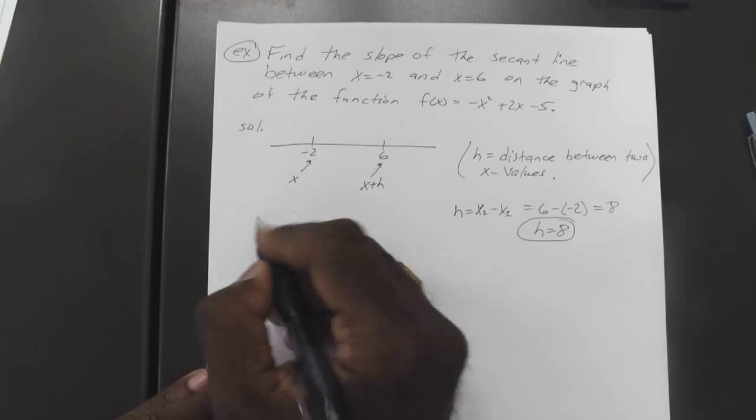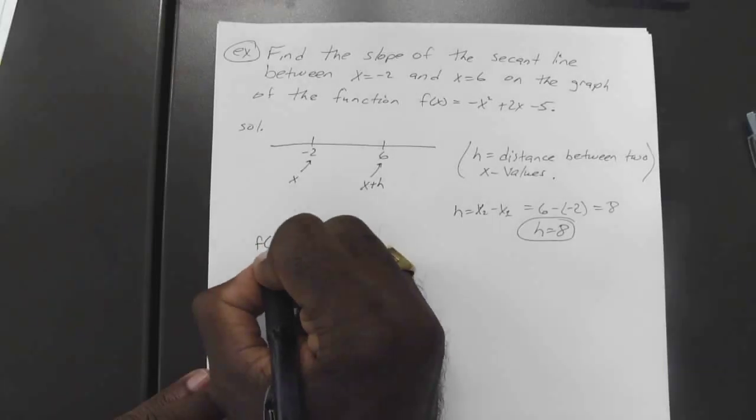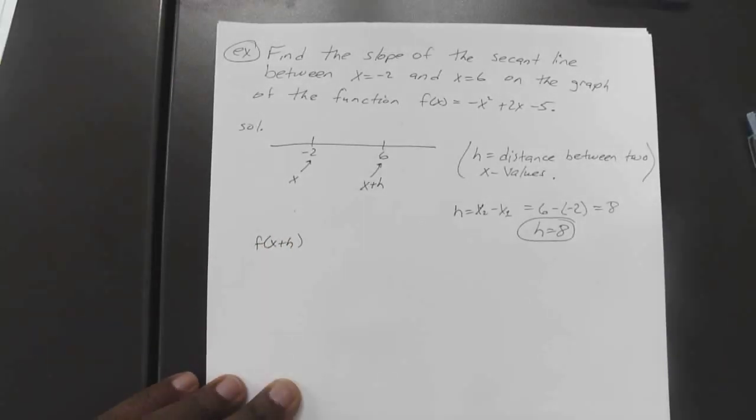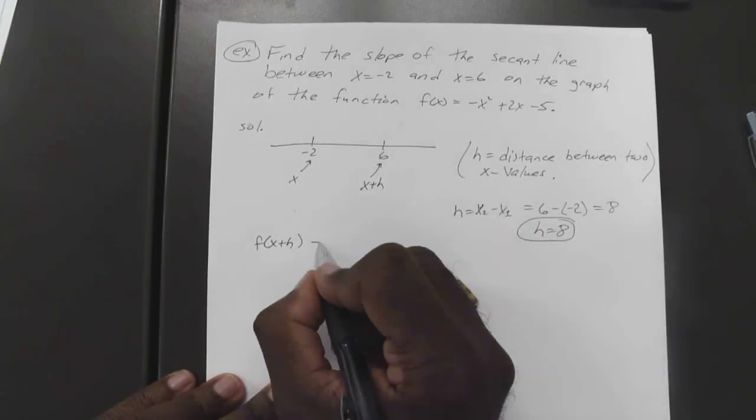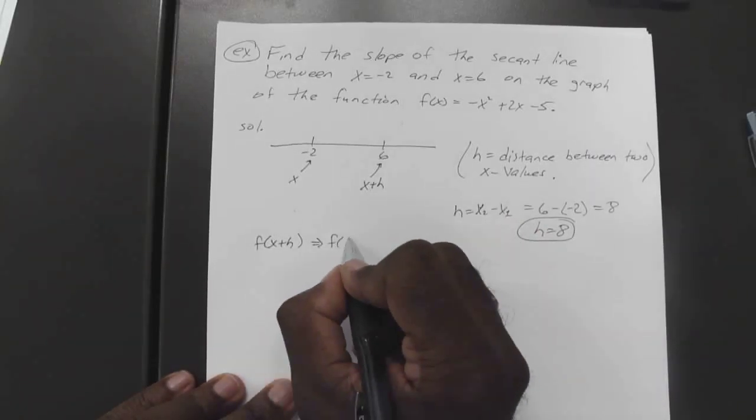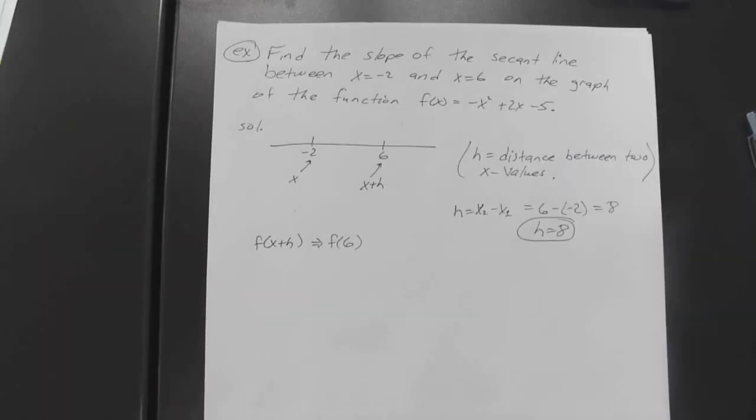So we know that our f of x plus h, your x plus h is just 6. So your f of x plus h is just f of 6. Okay?